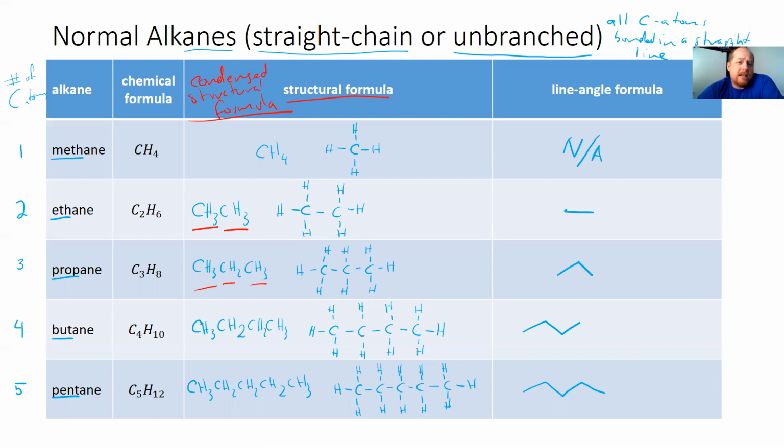We'll have a little bit of an addendum to that as we look at the structures of branched alkanes today, just to make sure that we can specify what a branch is.